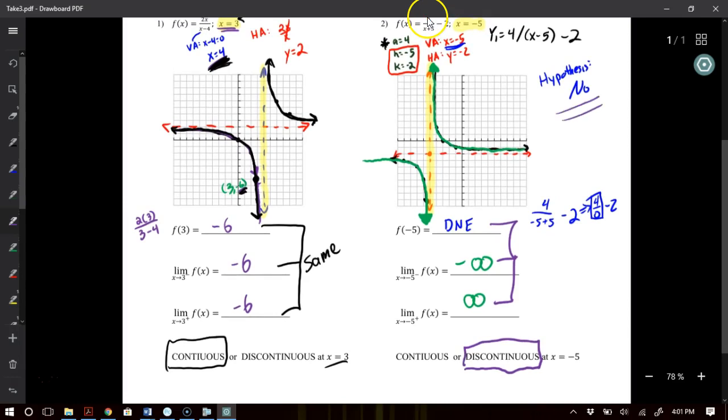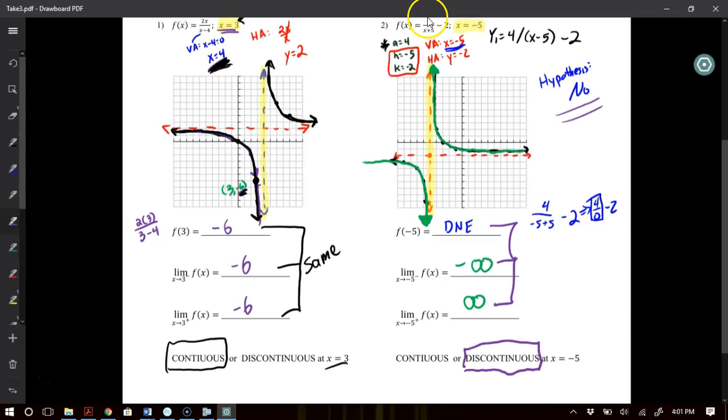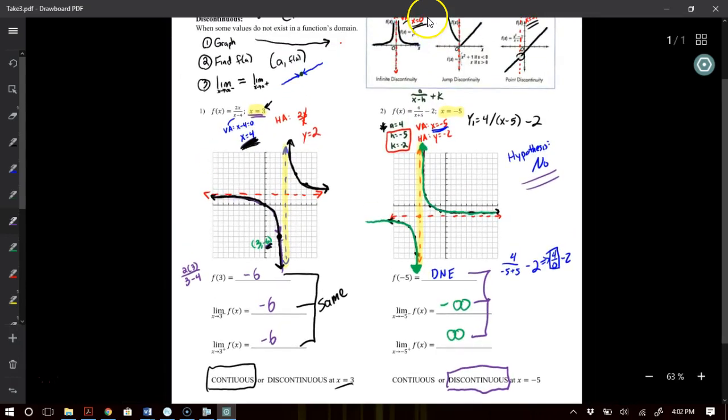Because your vertical asymptotes play a role when you're dealing with continuous and discontinuous at specific points. The only time your graph is going to be discontinuous at a specific point is if that point has a hole in the graph, or if that point has a jump in the graph, or if that point has a vertical asymptote there.